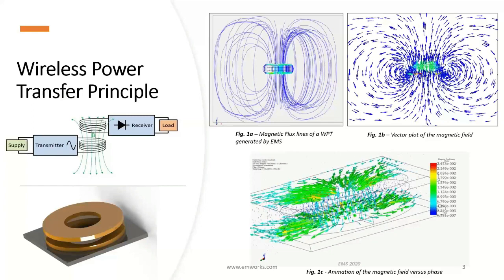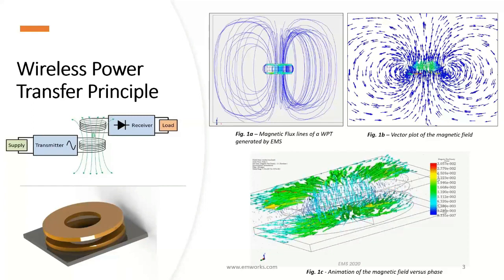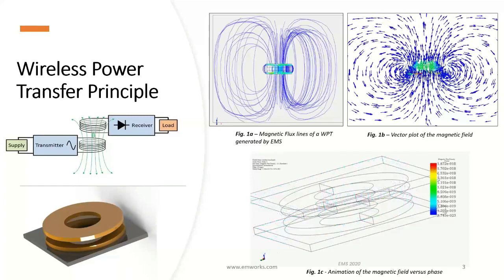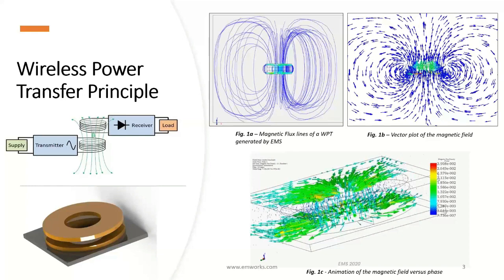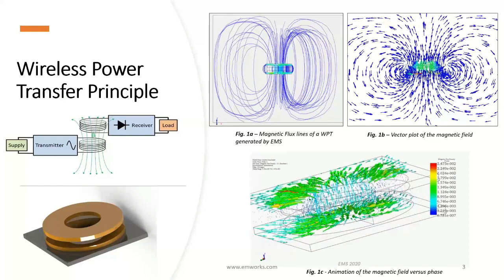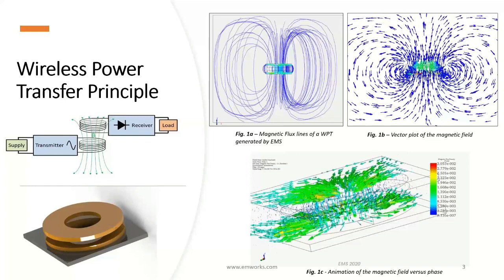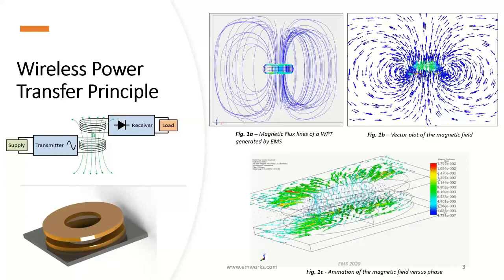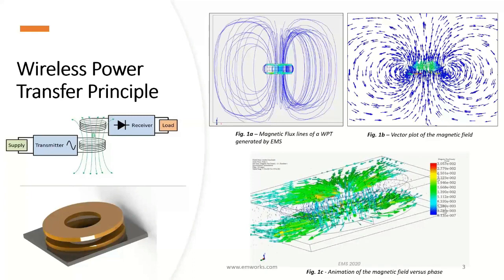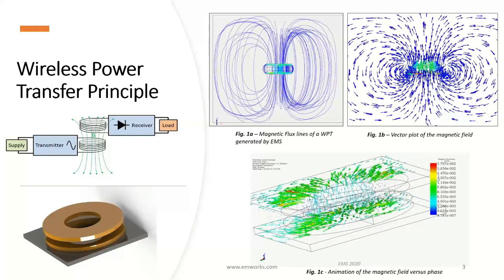Far field wireless power transmission is achieved by electromagnetic radiation, including microwave power and light power, while near field transmission is established by electromagnetic induction laws. It includes several methods like inductive coupling, which we will be focusing on in this webinar.